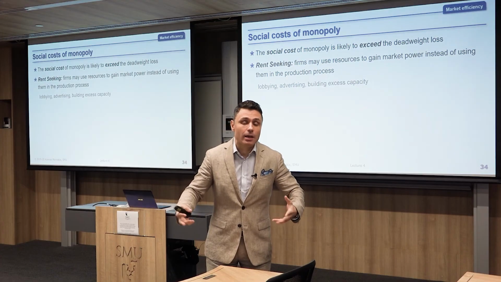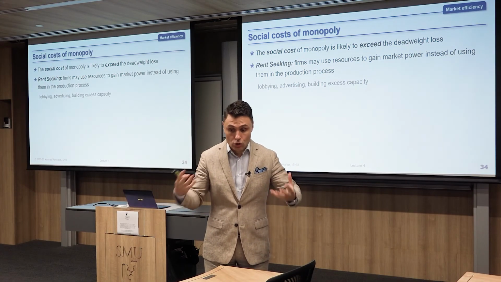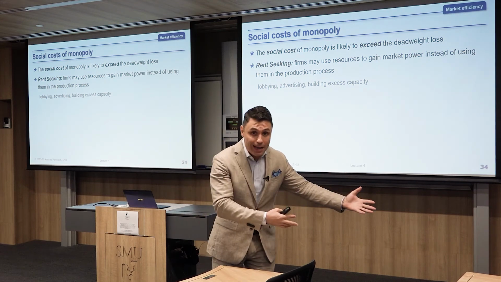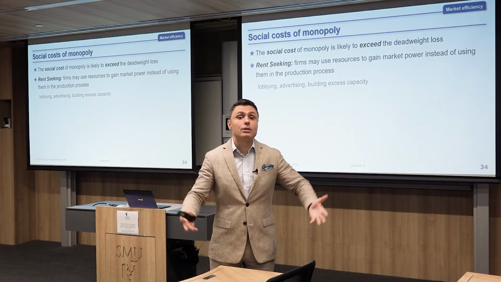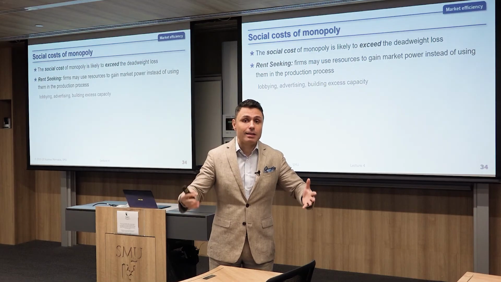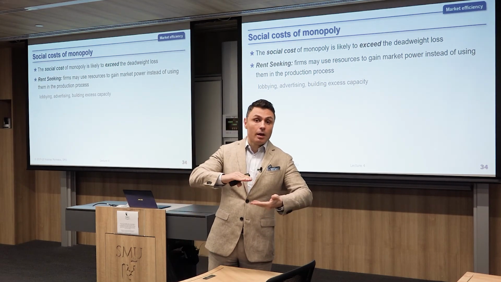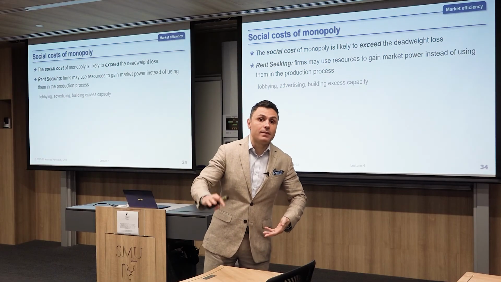It's not money used to create more production, a better product, a new product, or something like that. It's money that is just there to maintain the higher than normal profits that the monopoly guarantees to the seller.